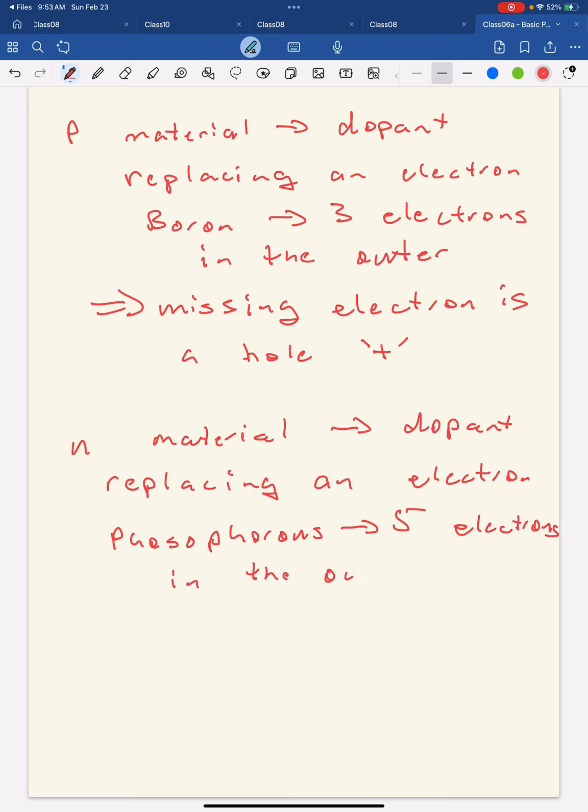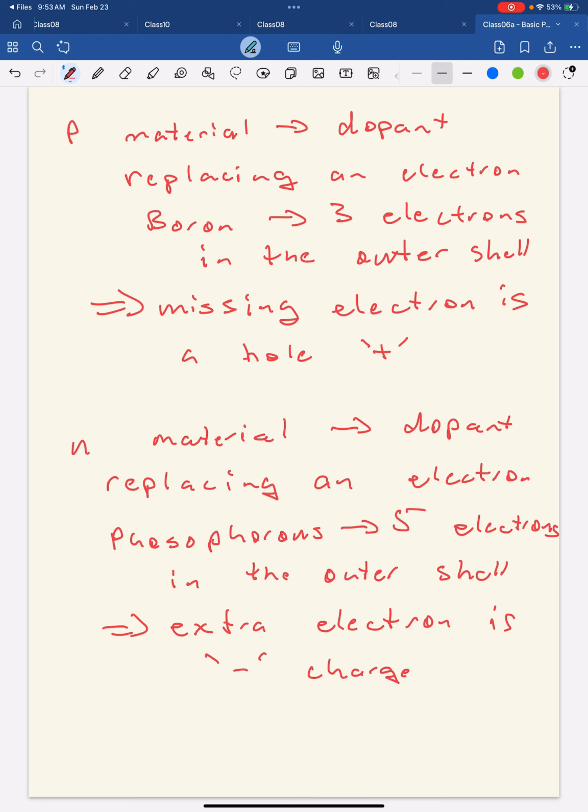Well, I never wrote shell up there. And so we now have an extra electron kind of ready to move. The extra electron is a negative charge, and that can move. So it's not tightly bound with any of our atoms; it's ready to move.